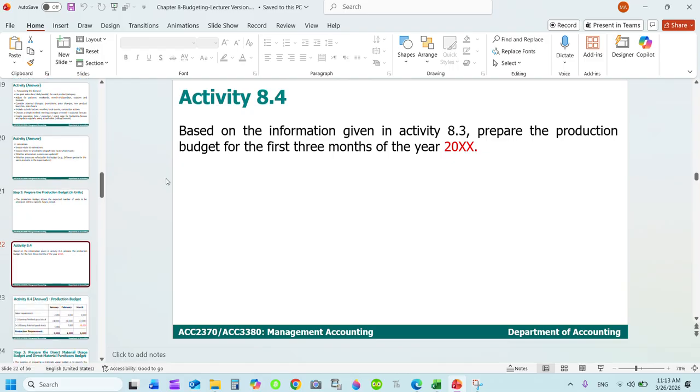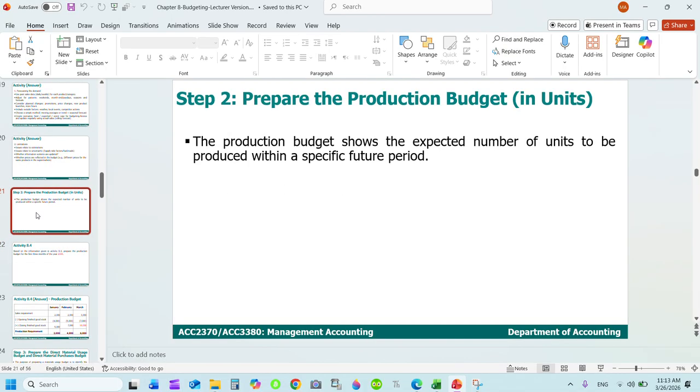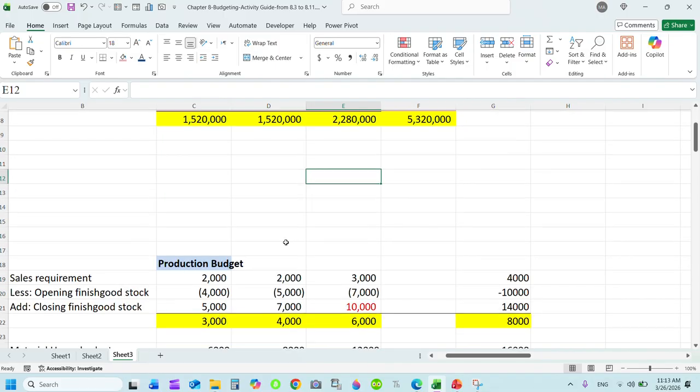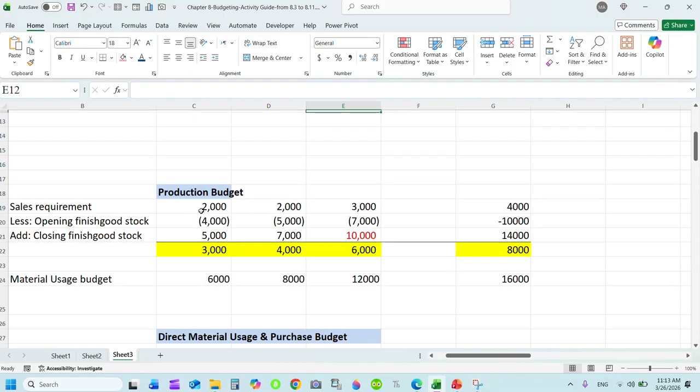So accordingly, based on the information given in activity 8.3, prepare the production budget for the first 3 months. Now my production budget, right? What does it show you? It shows you the expected number of units to be produced. Okay, let's now see how to prepare production budget, right?